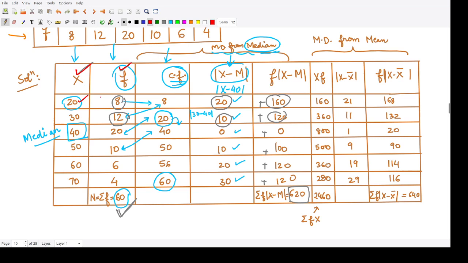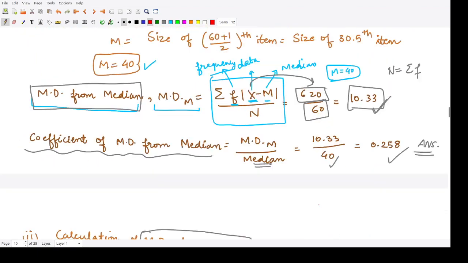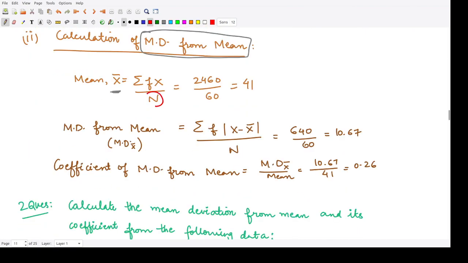You multiply 20 by 8, so you have 160 here. Multiply 30 by 12, you have 360, and so on. So this is xf. When you add up all of this, you have this quantity 2460. So you divide this quantity by the total frequency, that is 2460 divided by 60, which is 41. This is the corresponding mean.